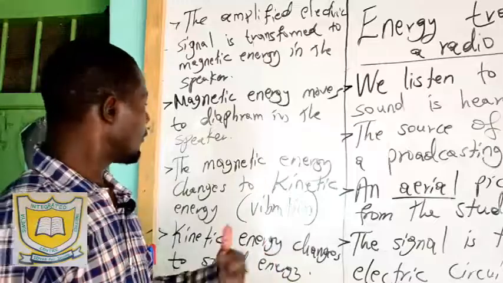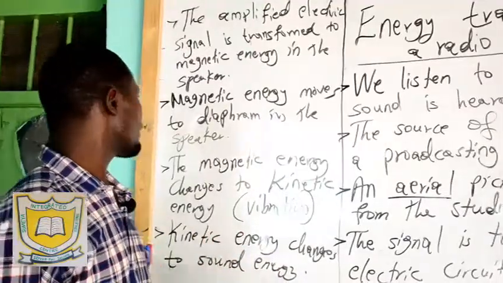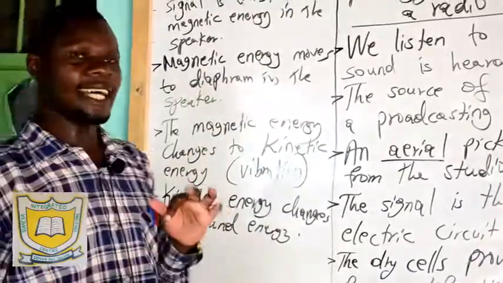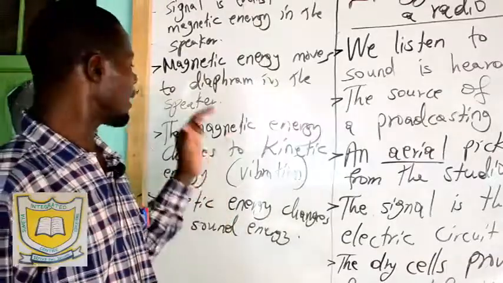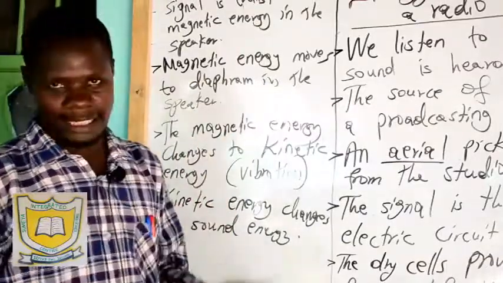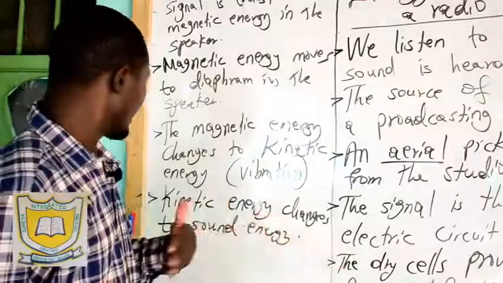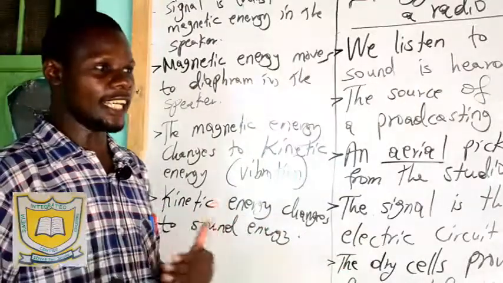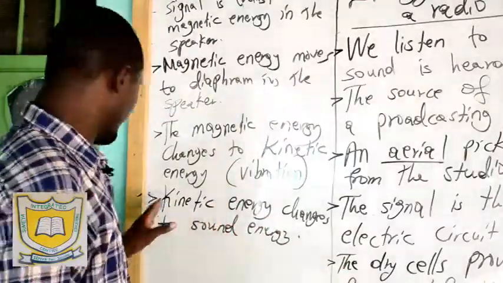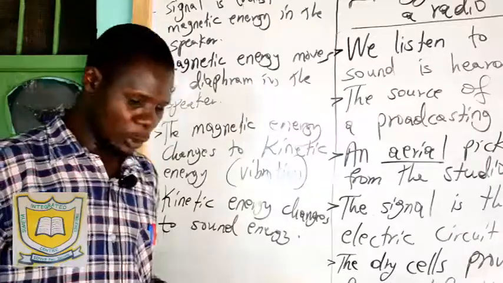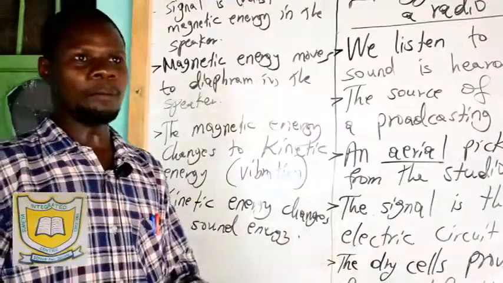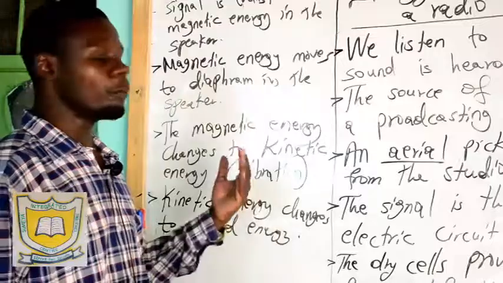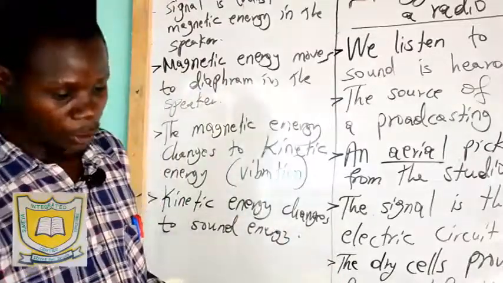I said vibration produces sound. As it vibrates, magnetic energy changes to kinetic energy, movement. So as the diaphragm moves, that is kinetic energy, energy in motion. Then lastly, because of that movement, you will be able to hear people speaking or music playing. That is production of sound.